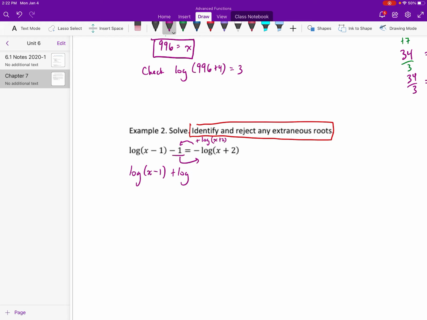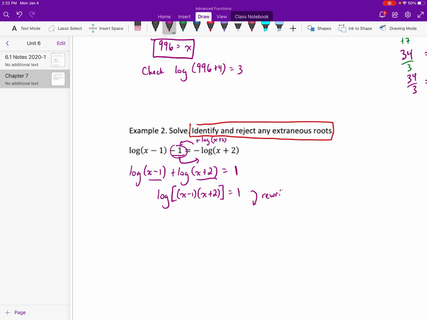So we have plus log x plus 2. And in order to get negative 1 to the other side, we're going to add 1. So now we have 1 on the right side. Okay, the product law of logarithms says that we can take these two parts of the log function and multiply them. So it's the log of x minus 1 times x plus 2 equals 1.